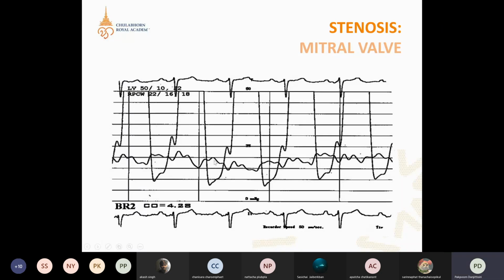There's a gradient over here, and you can tell the doctor that there is mitral valve stenosis occurring for the patient by the pressure gradient that you can measure from the hemodynamic pressure monitoring.